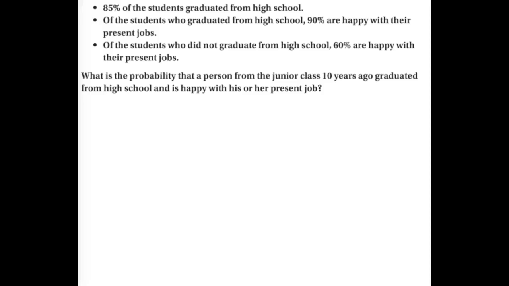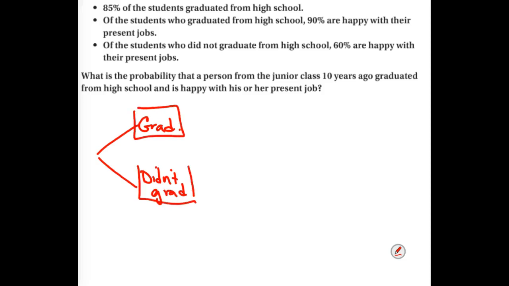Okay, so we are going to do a tree and branch off. Did they graduate or didn't graduate? Okay, that's the first thing that we have to decide.